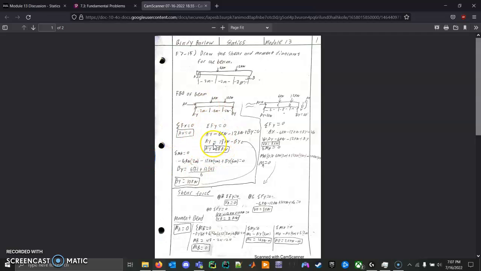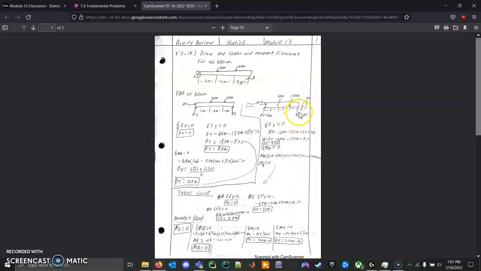After noticing this, I knew I needed to start solving for my shear forces and my bending moments. So I redrew my free body diagram with the cut. So you have your AX, AY. I went ahead and drew a point for C, where the 6 kilonewton hits, and point D, where the 12 kilonewton hits.